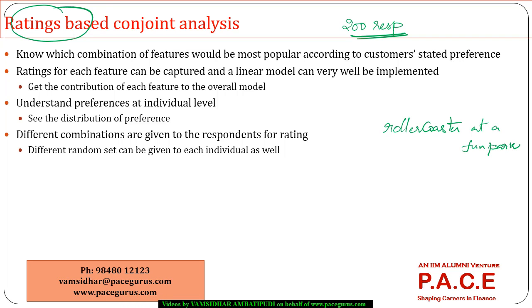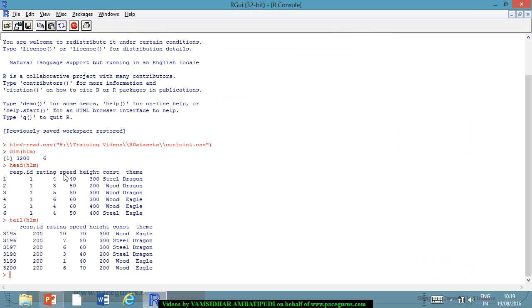So there they are trying to consider the different attributes. So the speed of the coaster, should it be 40 miles per hour or 50 miles per hour, 60 miles per hour? So you can very well take the structure of HLM.